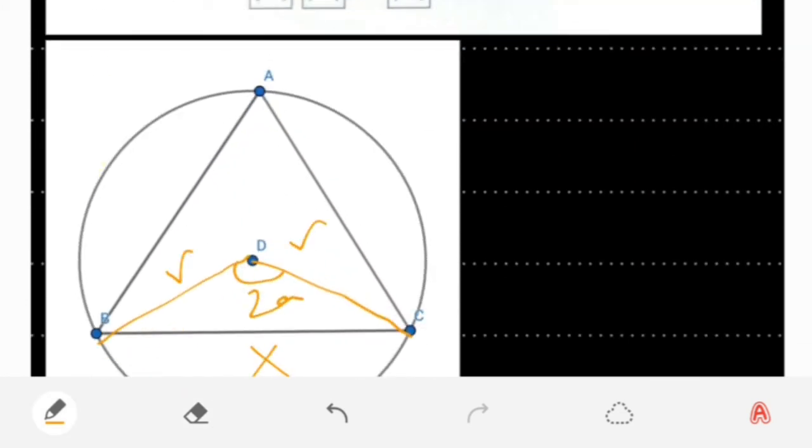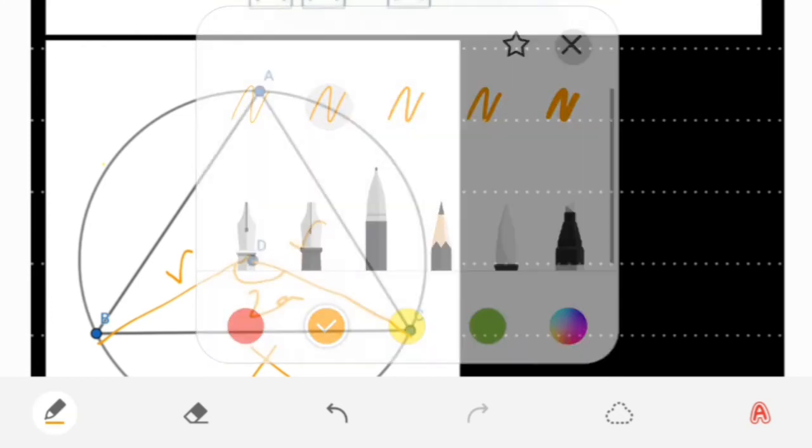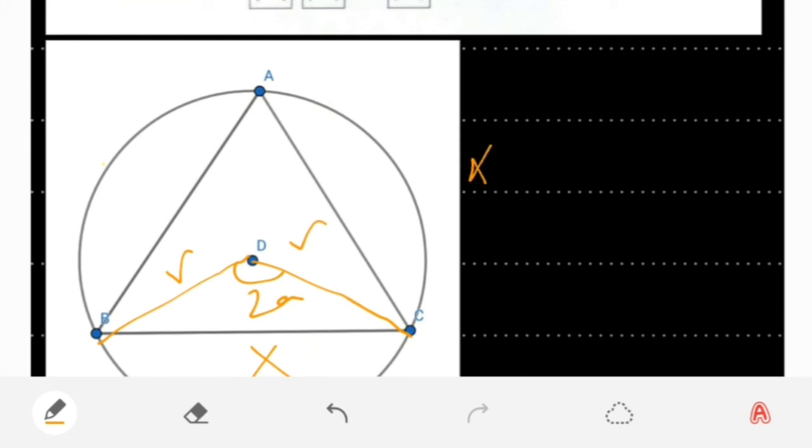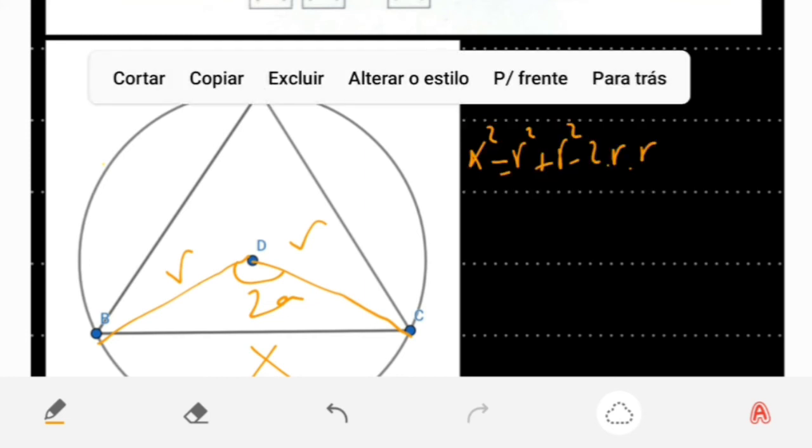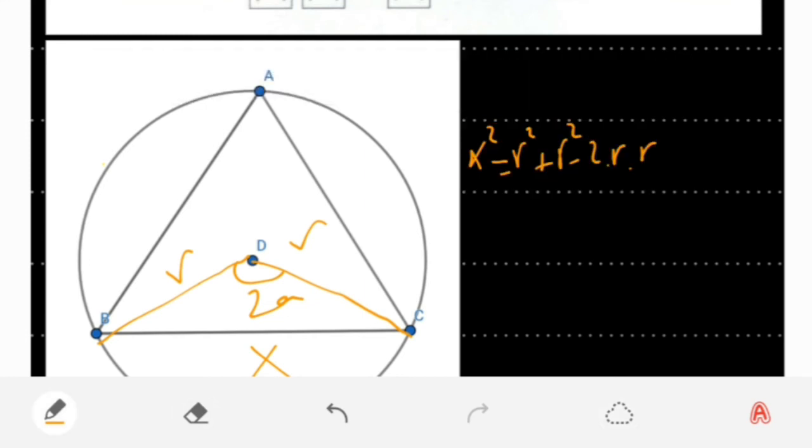So 1 and 1. Now we can use the cosine law to find x. So remember, x squared is equal to what? The side R squared plus the other side R squared minus 2 multiplied by one side multiplied by the second side multiplied by cosine of the angle between them, which is 2A, okay?